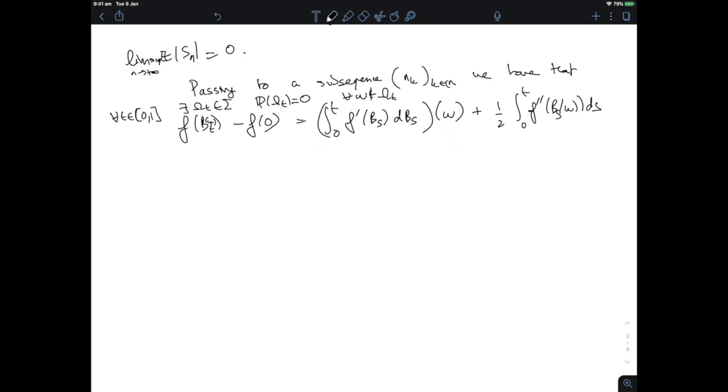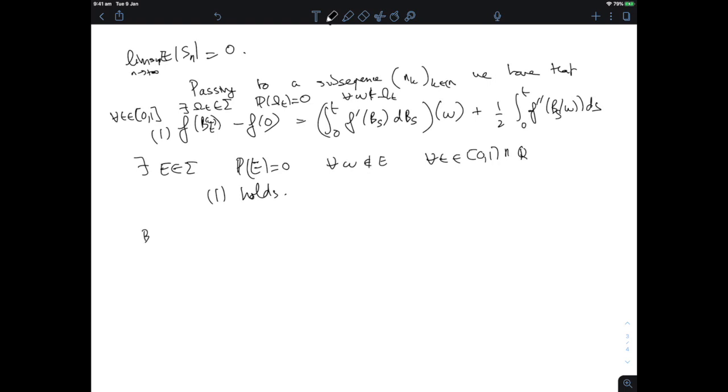So what we then get is that there exists a set E in sigma that has probability 0, such that for every omega not in E and for every t in [0,1] intersected with Q, the formula holds.